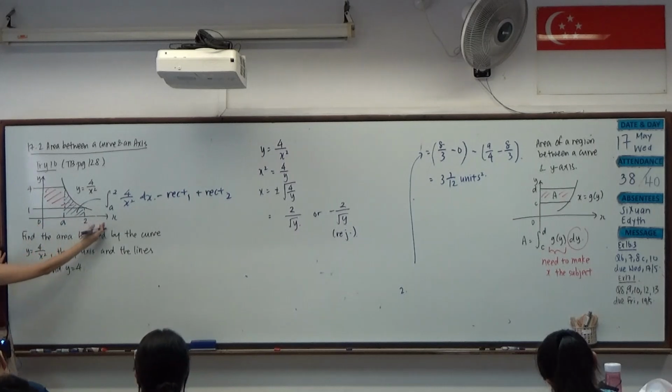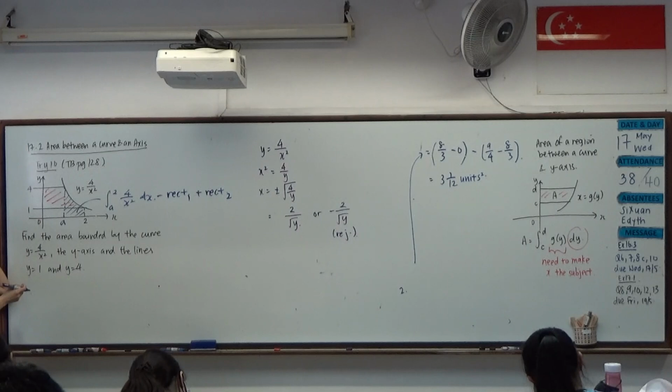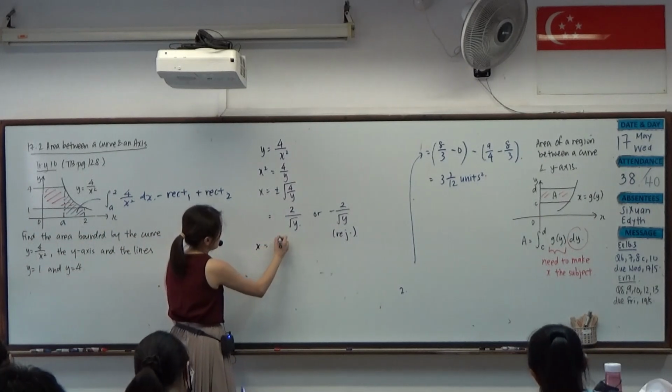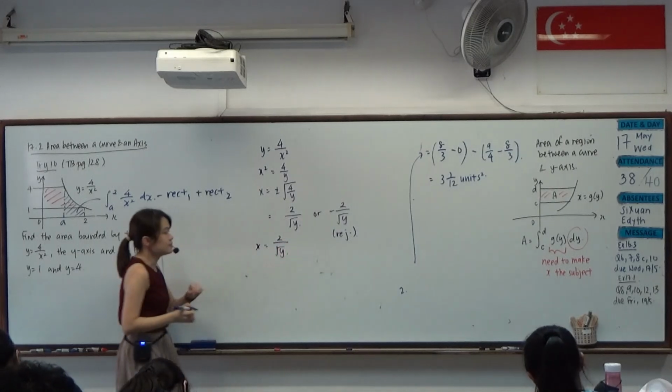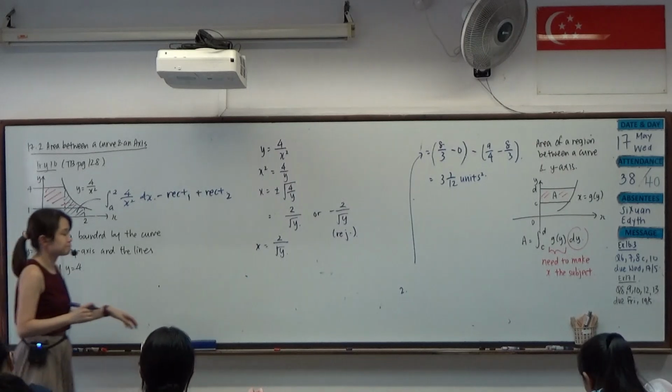Our x values are positive, so we need not deal with the negative x-axis. So the function that we look at will just be x equals 2 over square root y.